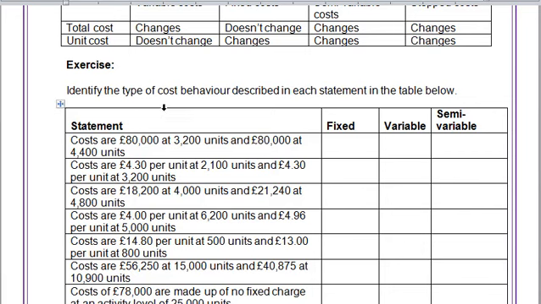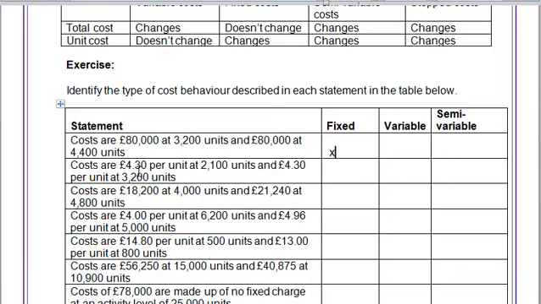Identify the type of cost behavior described in each statement in the table below. Costs are £80,000 at 3,200 units and £80,000 at 4,400 units. It implies to me that the total cost is not changing despite the change in activity level. That means it's fixed cost.